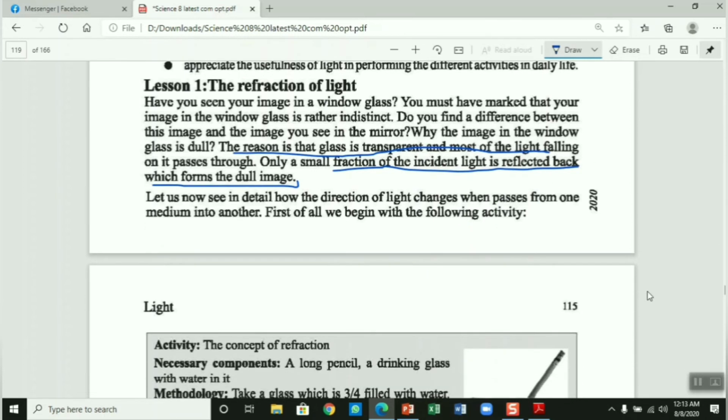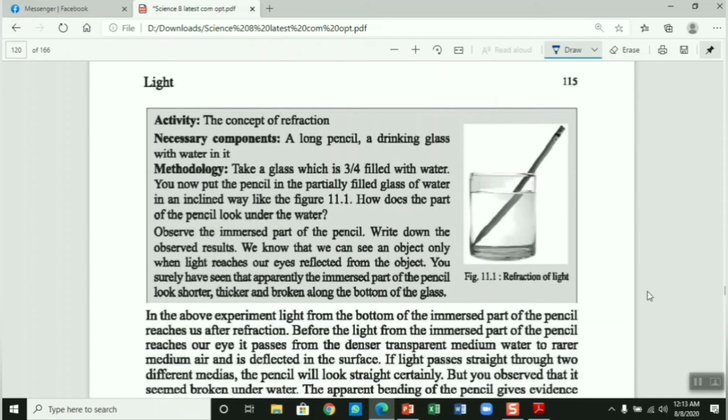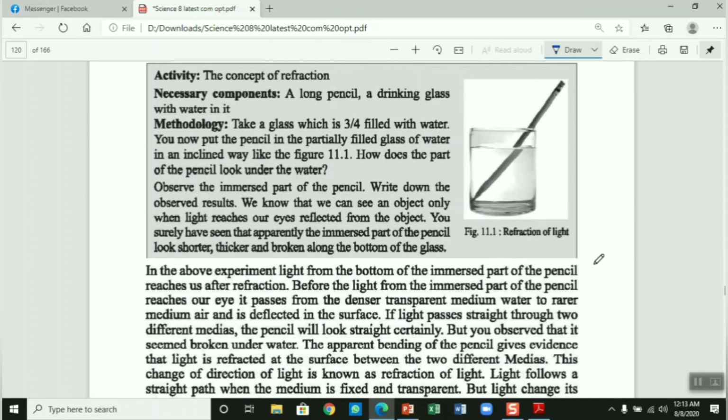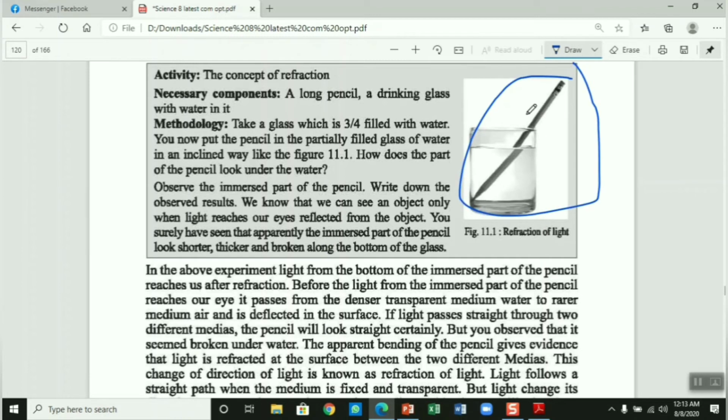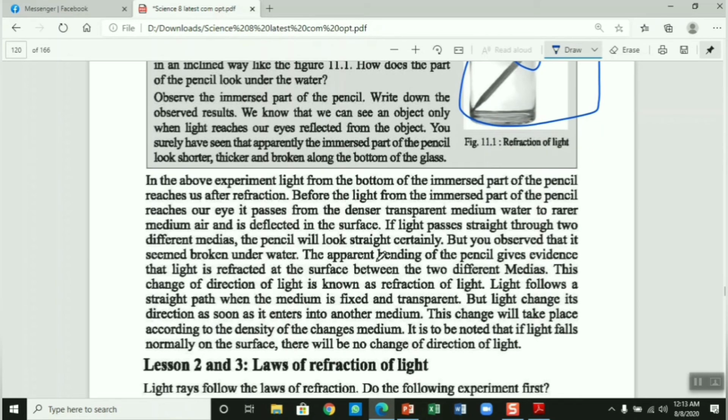Next, I will go for the next part, that is the concept of refraction. Here there is the incident that happens. See why these phenomena happen. That means why it looks broken. Why does it look broken?